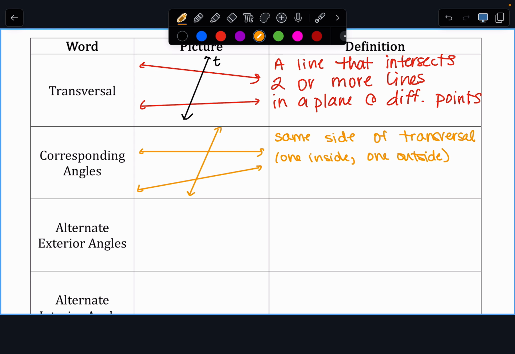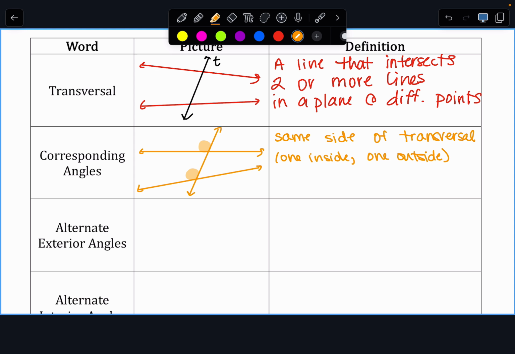Okay, so what I'm going to do is I'm going to use my highlighter. And if I choose this angle right here, which one corresponds with it? This one right here. Thank you. Thank you, Charles.